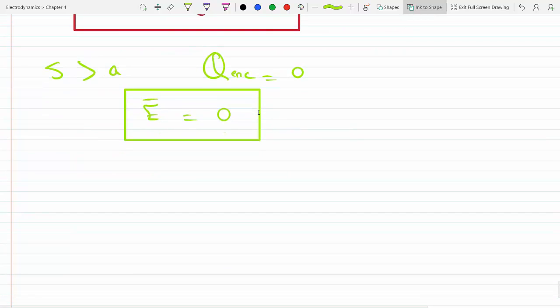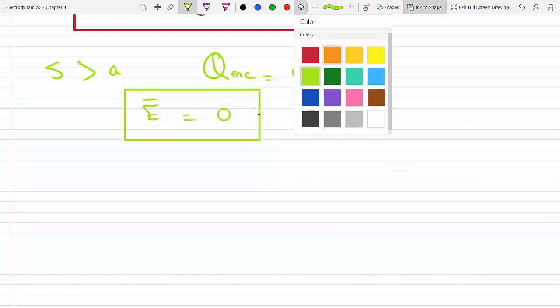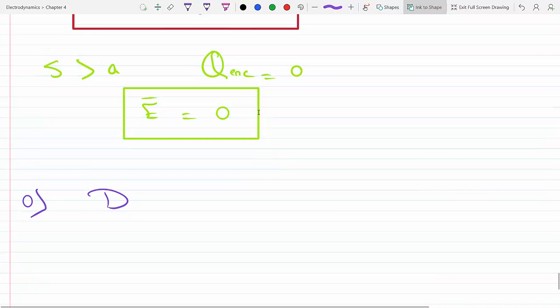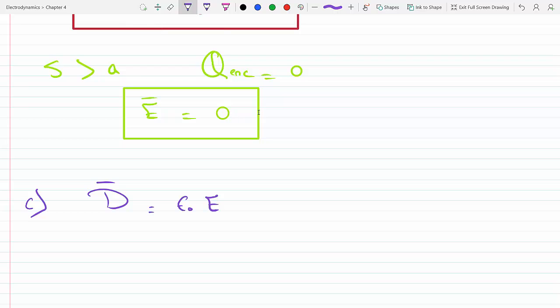The electric displacement is equal to epsilon E plus the polarization. And we have the electric field both inside and outside, right?